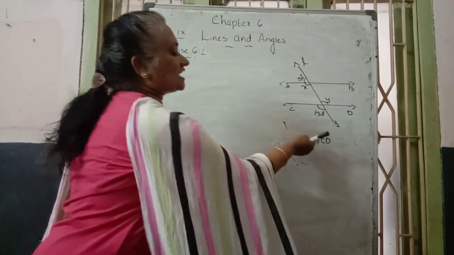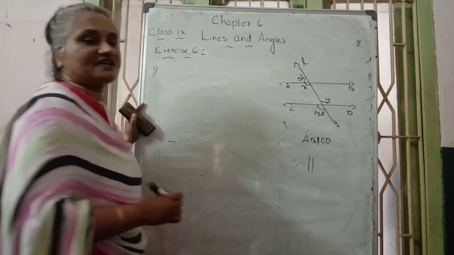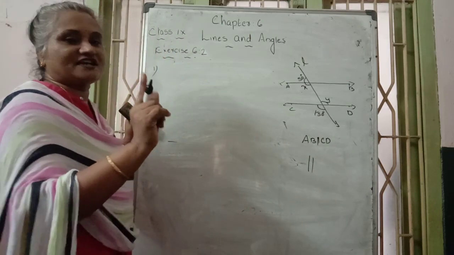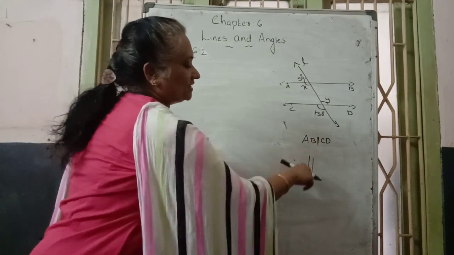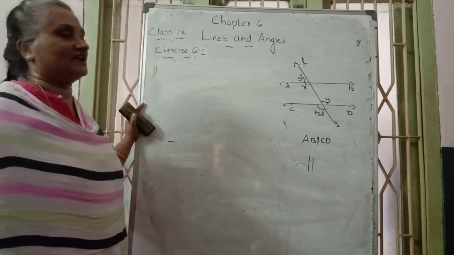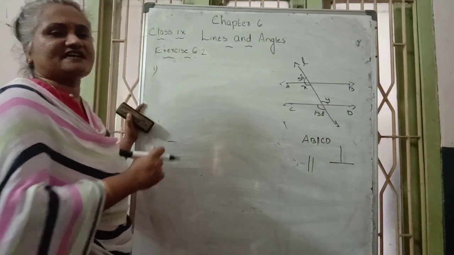Then we can say AB is parallel to CD. Two lines represent the parallel symbol. Perpendicular is represented by a reversed T.